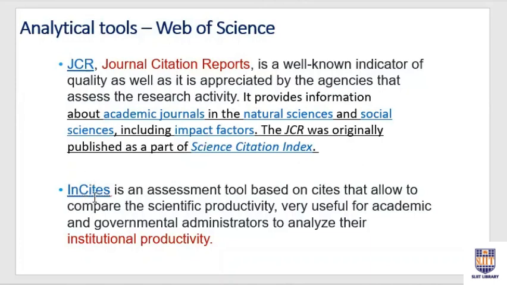Then InCites is an assessment tool based on citations that allows you to compare the scientific productivity of an institution. That's also very, very important, to use InCites to evaluate your own institution's citations, very much used by librarians to evaluate their own reputation in publishing.